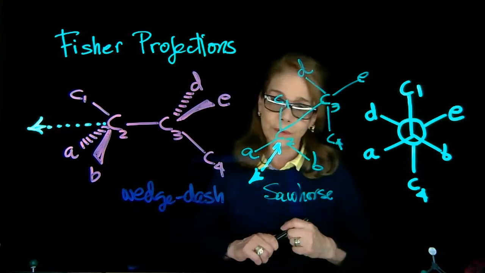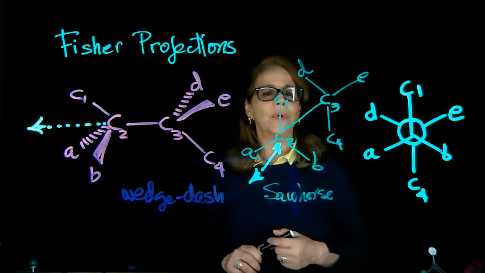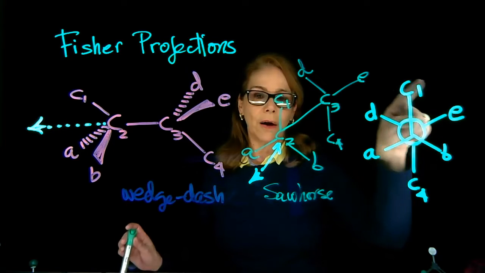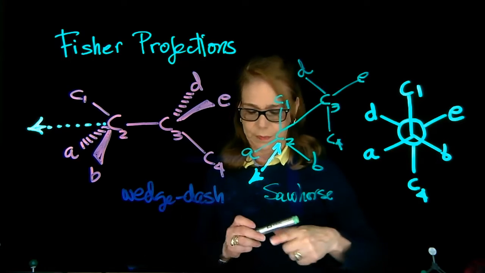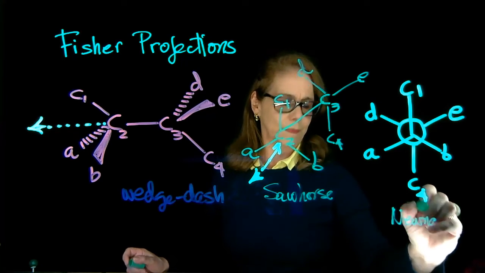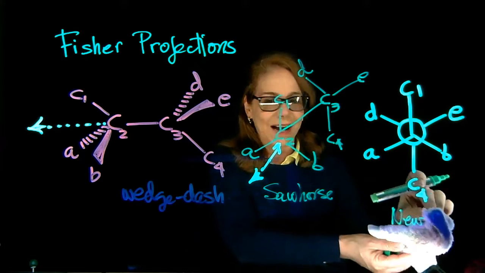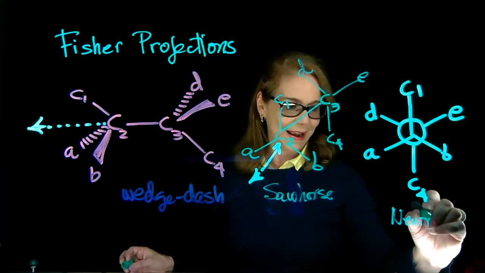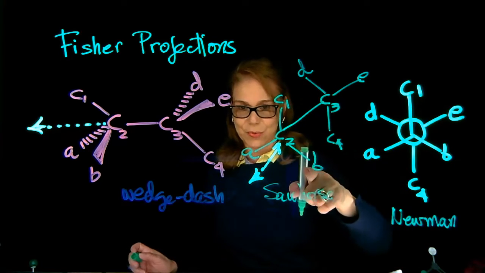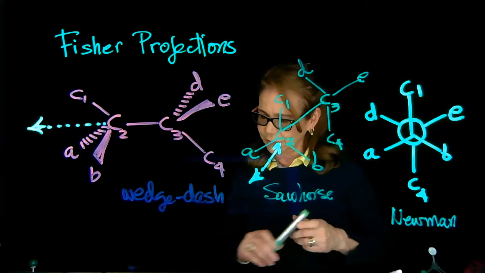But now to draw the Fischer projection from that, we're going to start from a different conformation of the Newman projection. Because I am running out of room, I'm going to erase this one and draw another conformation.